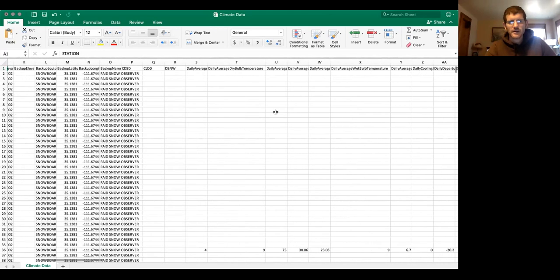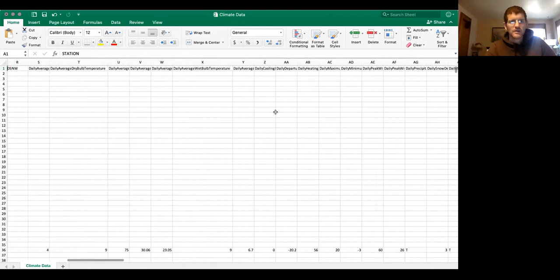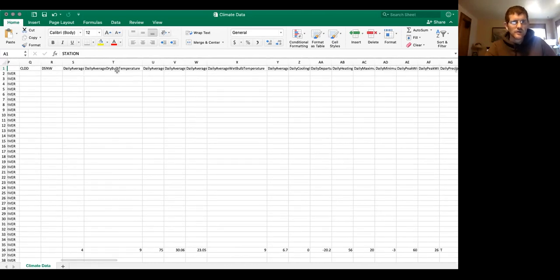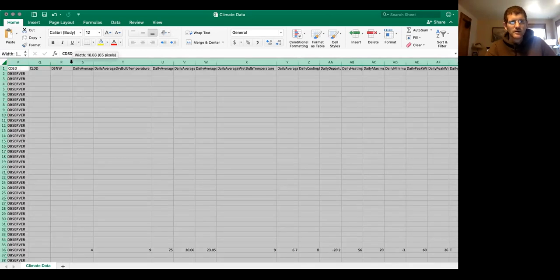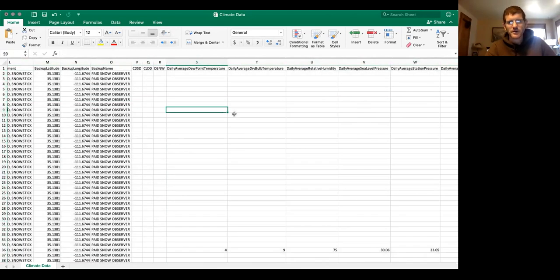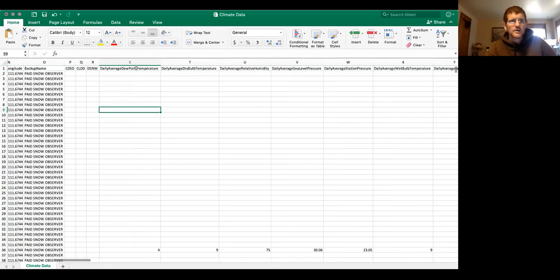It doesn't come in very neat and user-friendly. So if you were going to compare temperatures, you're going to need to look through all these. And if you do that, you can see what all the different headings are. Anyways, I want to know the temperature, daily average. Well, temperature, there's dry bulb and wet bulb.